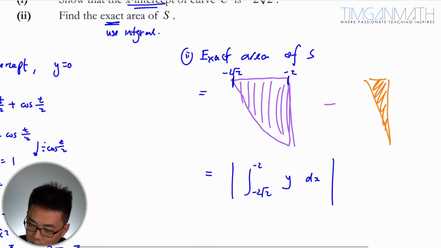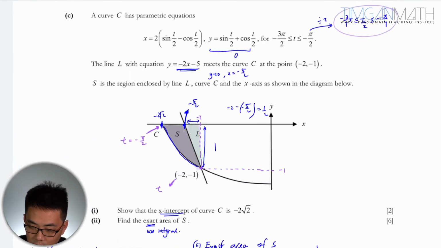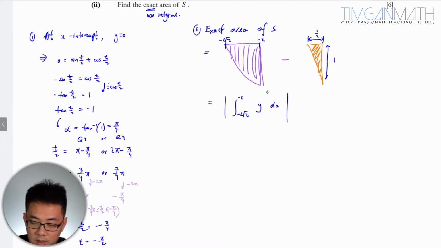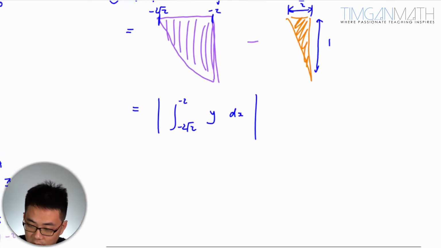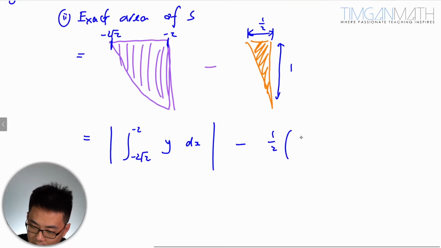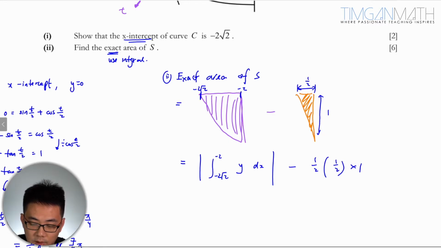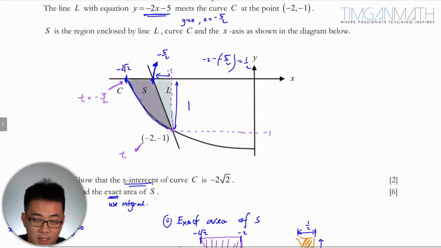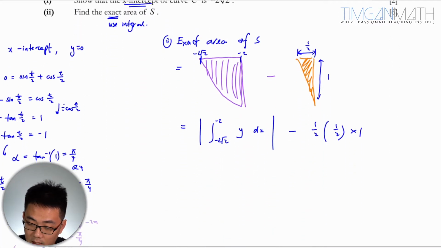Okay, so the length here is half. The height here is 1. All right. So just remember to mod this, because we're going to use geometry to find this triangle. So this is just half times half times 1. So if you're using integral, just make sure that this area below is a negative area. So you should know to mod it.